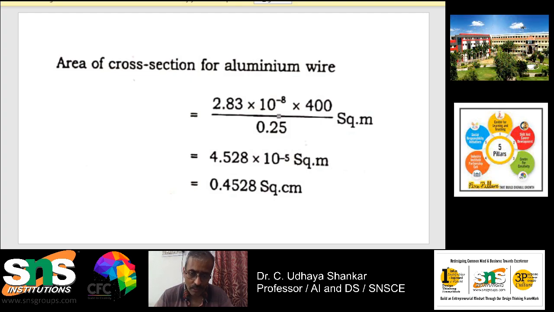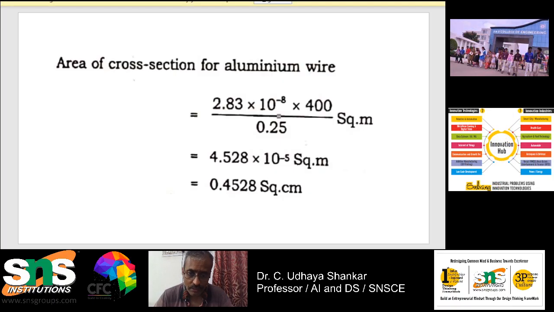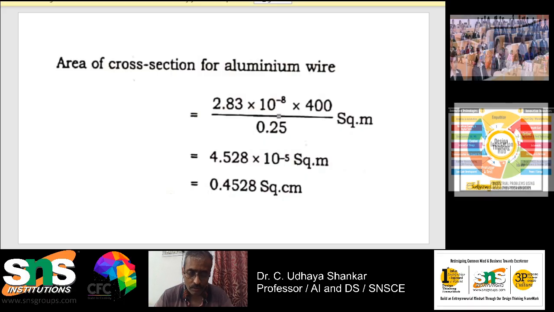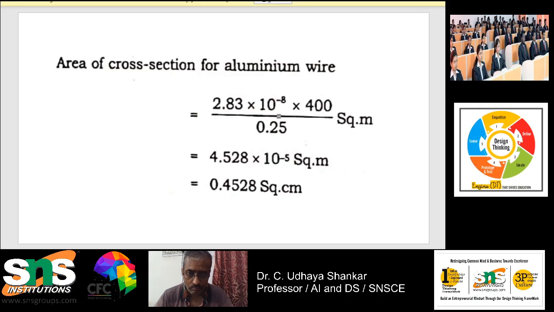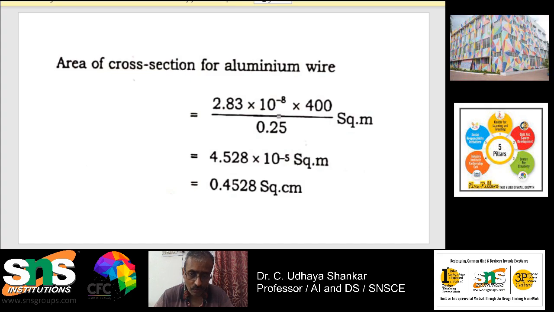From this area we can design the physical model of the aluminum wire such that it meets that particular resistance value. This is how the area of cross section can be calculated if the resistance value is known to us.